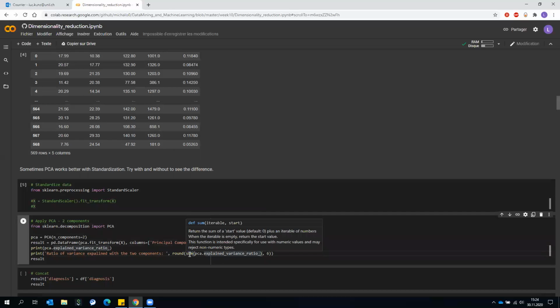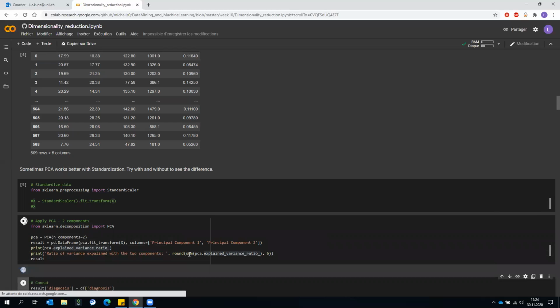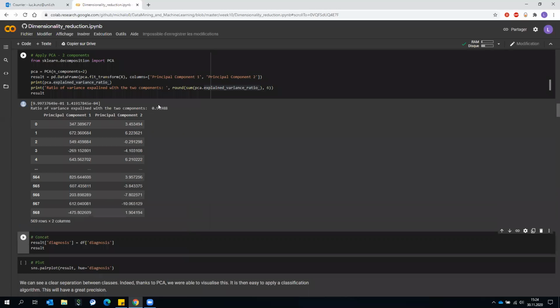And we will see in this case, if I run this, that the total variance ratio of basically the first component is almost 100%, and both components are almost 100% of the initial variance.